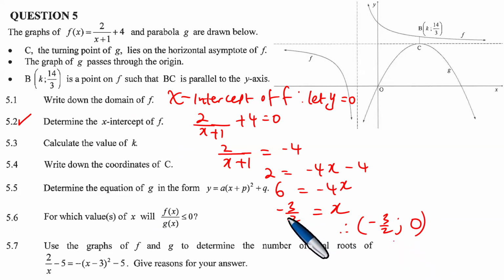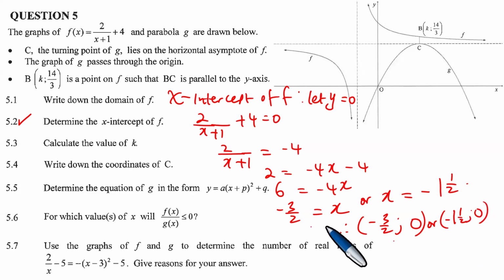The x-intercept is -3 over 2, and it can also be written as -1, remainder 1 out of 2, or -1 and a half, with 0. So in other words, 2 goes how many times into 3? It goes once, remainder 1 out of 2. And this is the x-intercept of f.